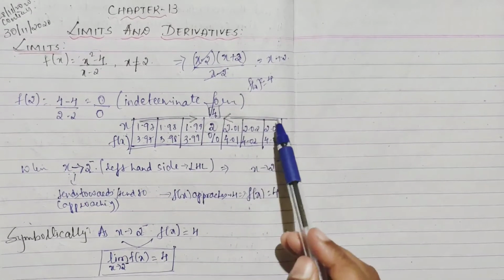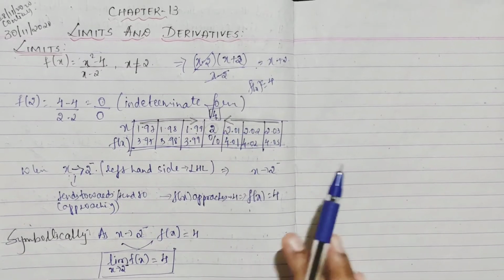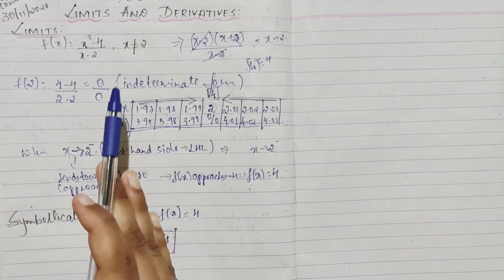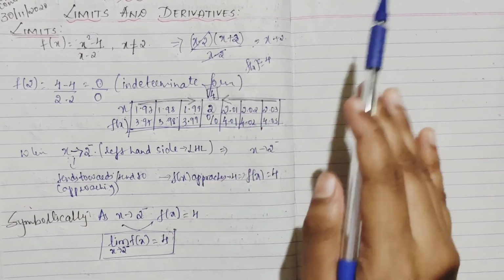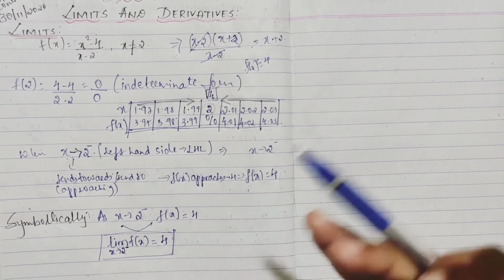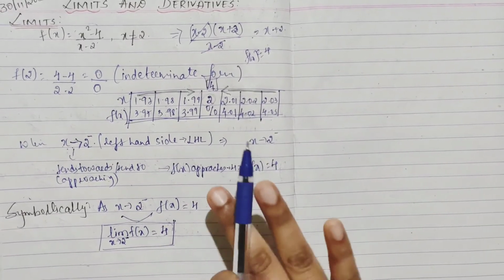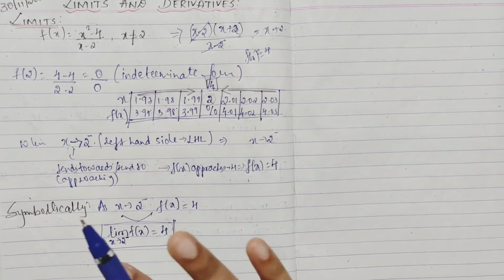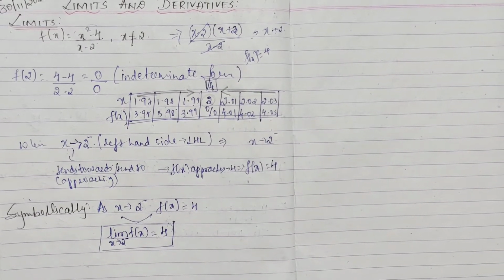In the same way, coming from the right hand side, this will be a limiting value. When x is approaching 2 from the left hand side, f of x is approaching 4, and this is a limiting value. Beyond this it again doesn't go. That is what is called your limit. Beyond 4 it doesn't move.